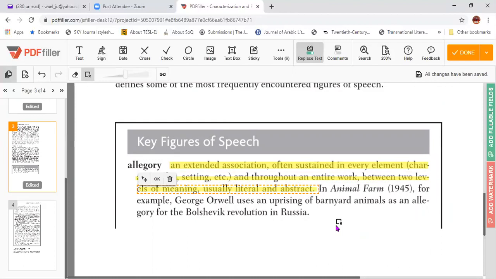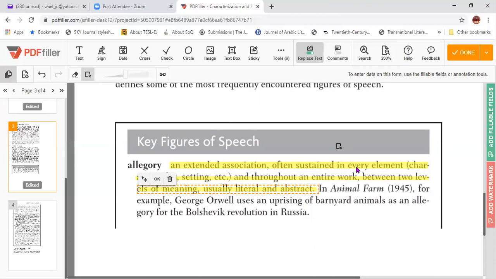Allegory is a story that has an association with something, okay. So in allegory, we have a figurative meaning, but this figurative meaning refers to something real or real life. For example, this novel is called Animal Farm by George Orwell.